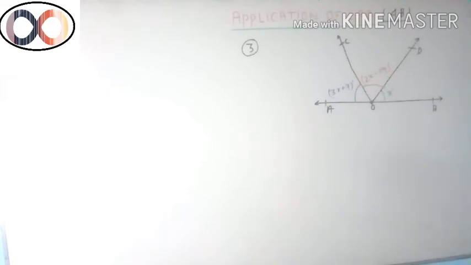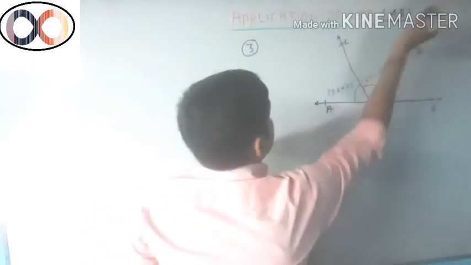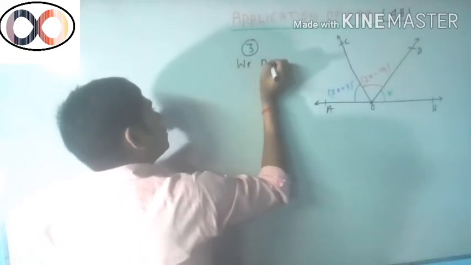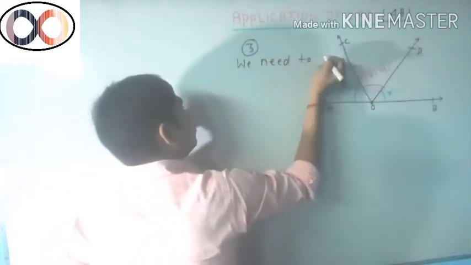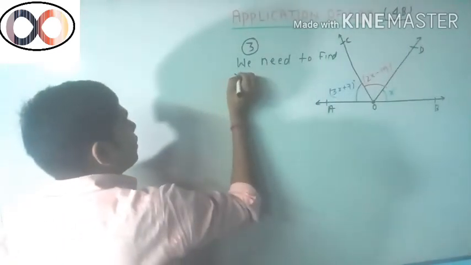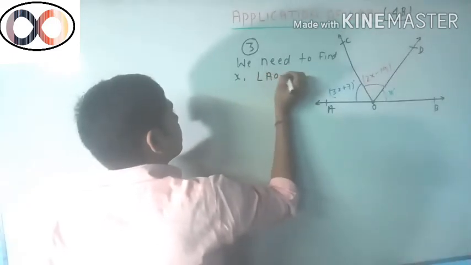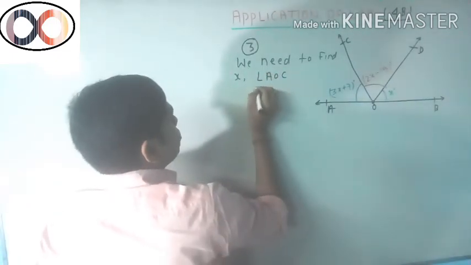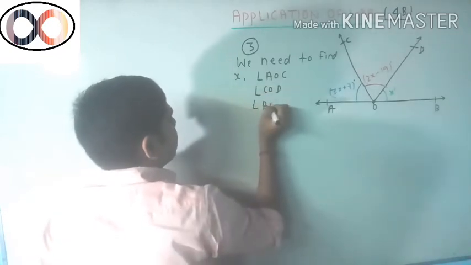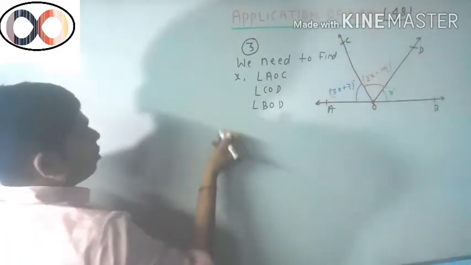So we need to find x, next angle AOC, next angle COD, next angle BOD. Okay, so let's move to solve the questions.